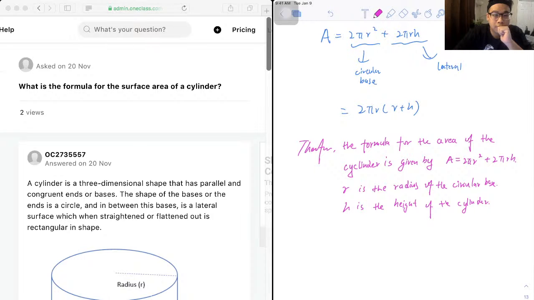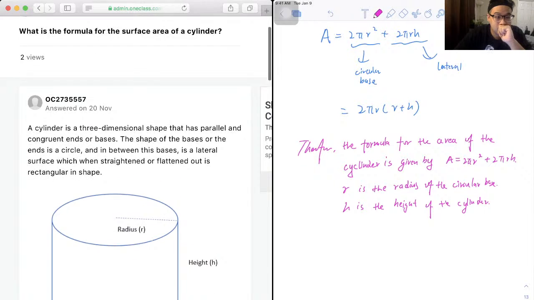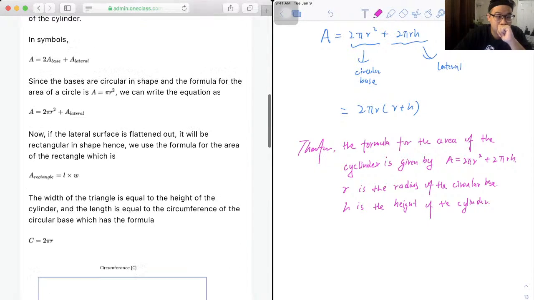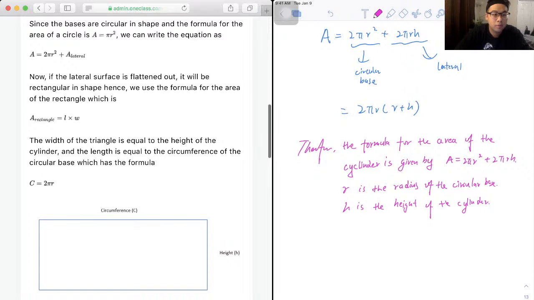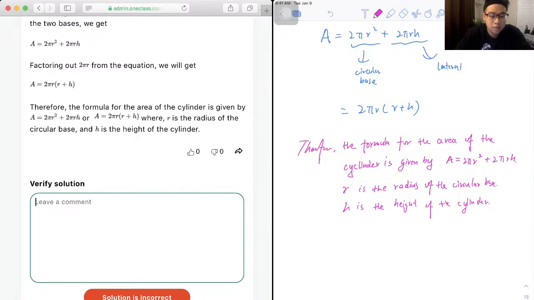Right, so I think that's all we got for this question. Okay. So the solution is correct. Well done.